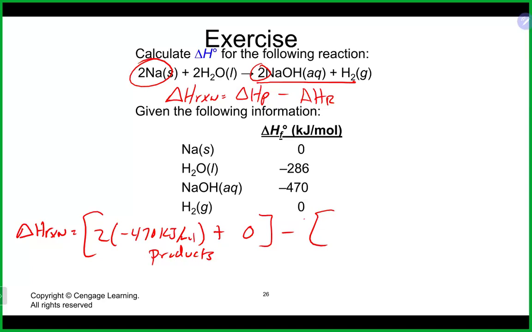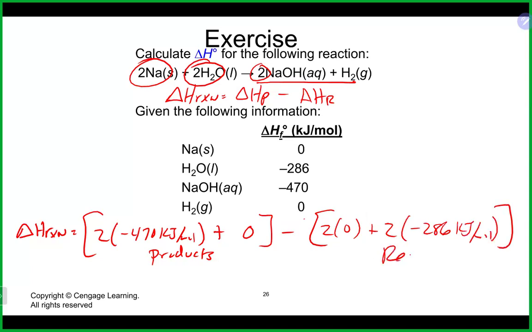Again, we're going to take the coefficient into account, which is 2 times 0 for that. And we're going to add it to our coefficient there, which is 2 times the value of water. And this would be all of our reactants in this case. So we'll end up here with, looks like, minus 368 kilojoules.